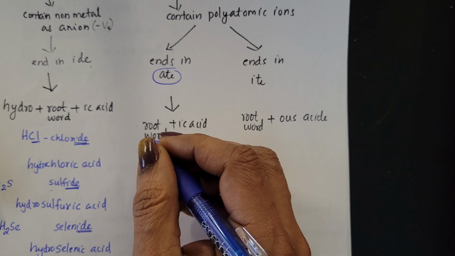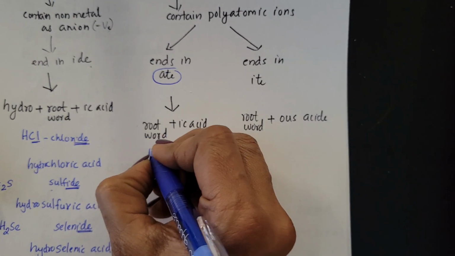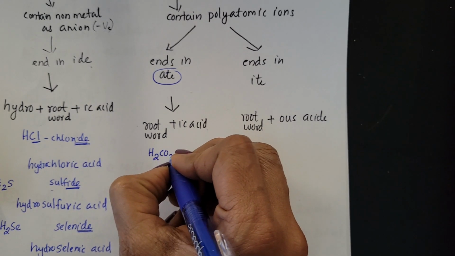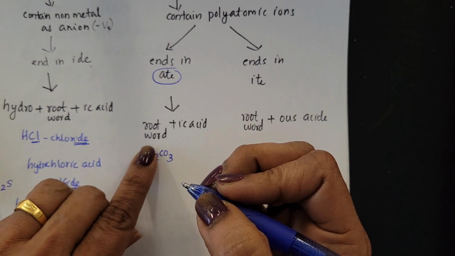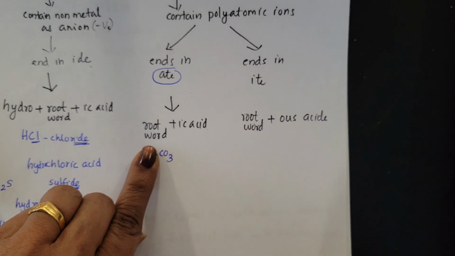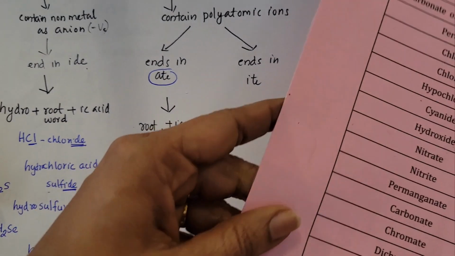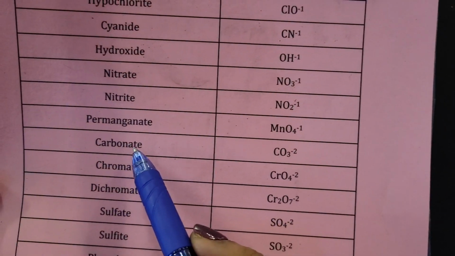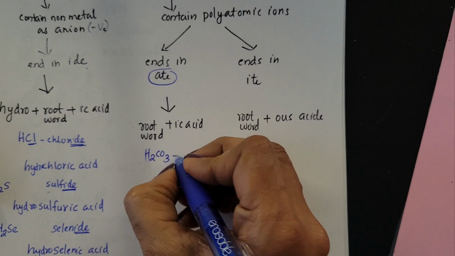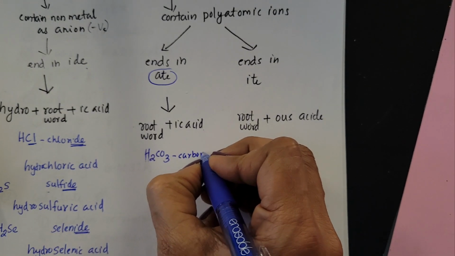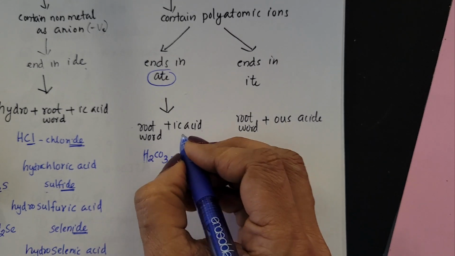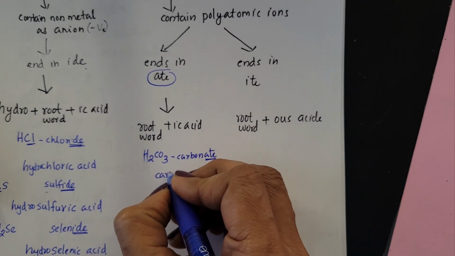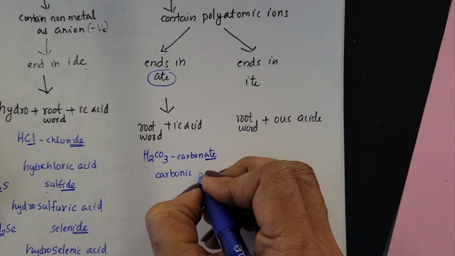Okay, first one, I'm going to give you an easy example, which is H2CO3. Just start with the hydrogen. We know that as an acid, and this is the polyatomic ion, and you all know the name of CO3, which is carbonate, which ends in ATE. So just replace the ATE with IC acid, so the name will be carbonic acid.